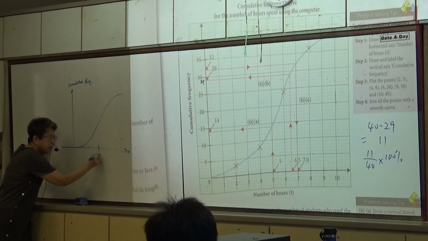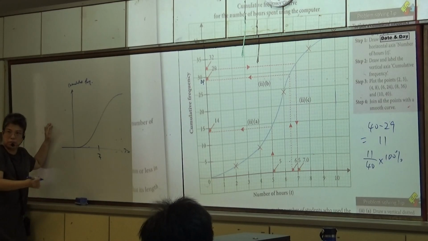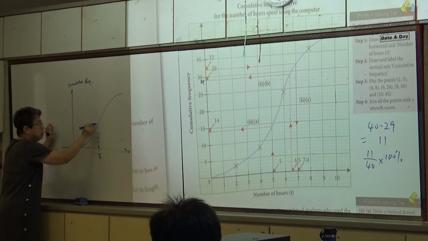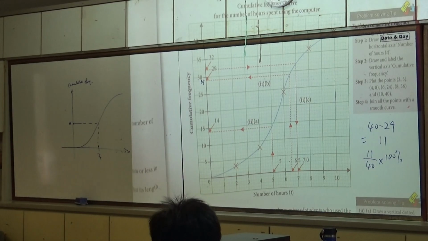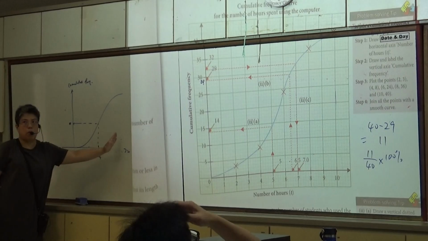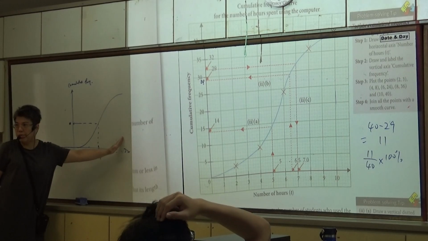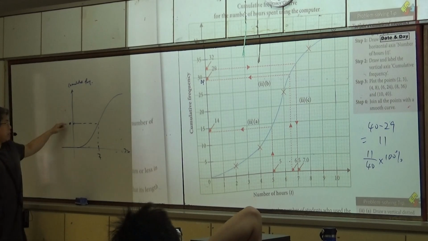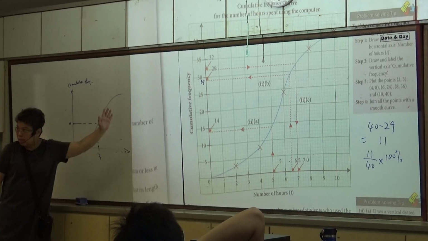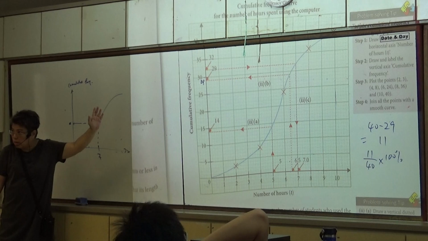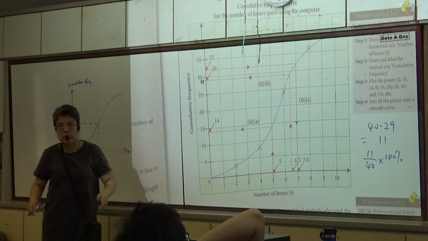If I have, let's say, 7 hours, this number will represent 7 or less than 7, depending on the question. What if I want to find more than 7? I must take the total minus this value, because it's the other way around, we are going to get the other side. Is that clear?